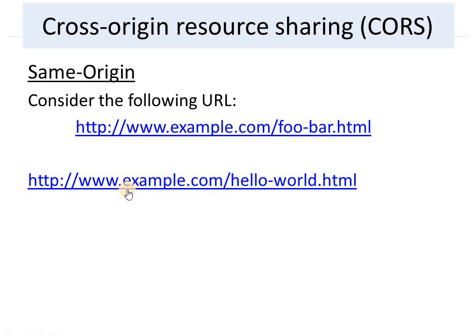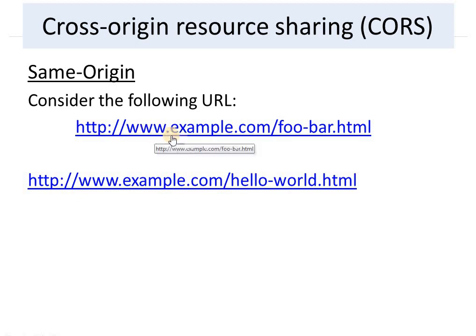Now whenever I navigate from one page to another, it will check for three things. The first one is the protocol. Over here both have the same protocol, HTTP. After that, the domain name.